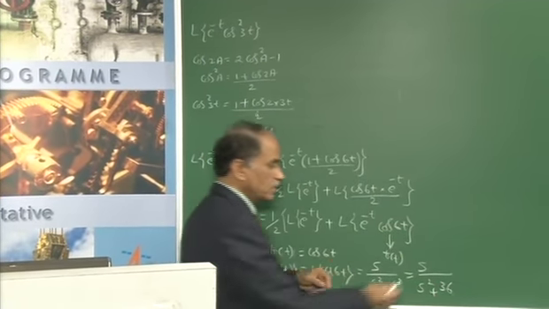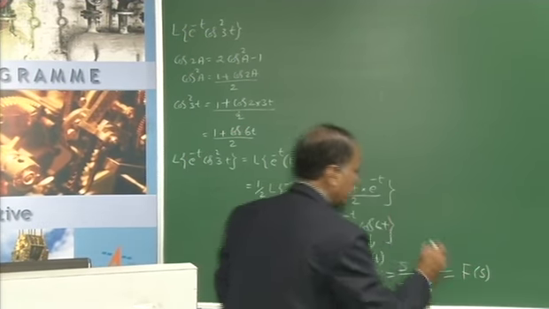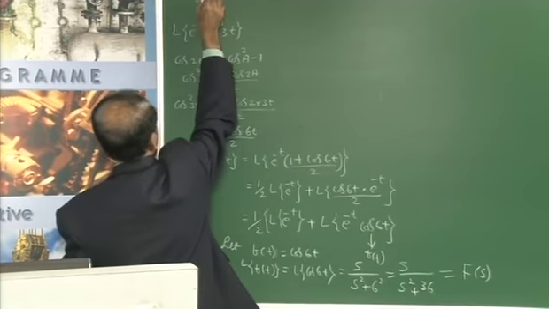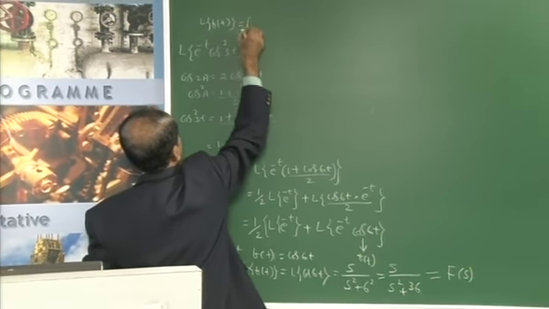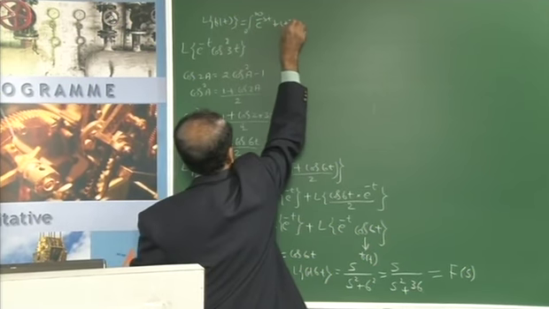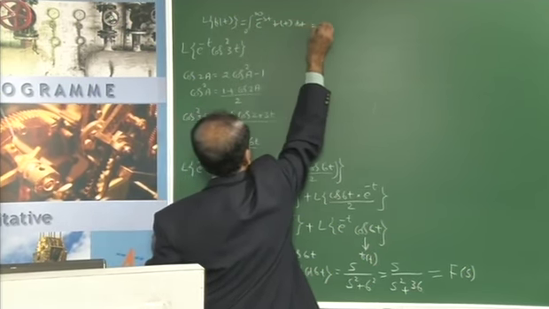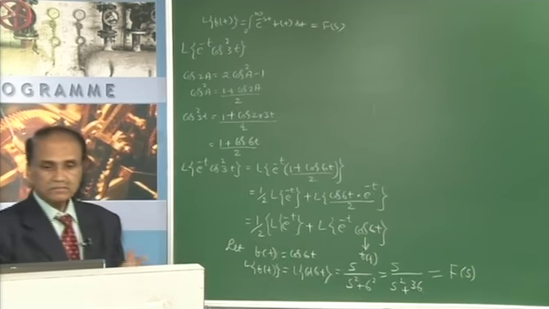This is the value, and we name this value as the function of s, because our basic definition is L of f of t is equal to the integral from 0 to infinity of e to the power minus st, f of t dt, which is nothing but f of s.